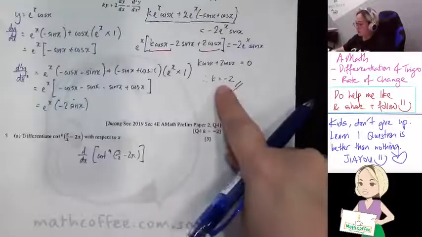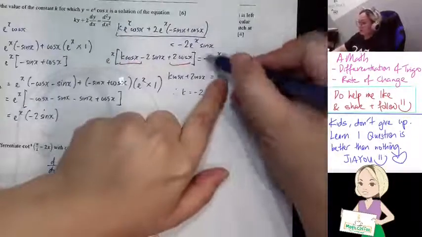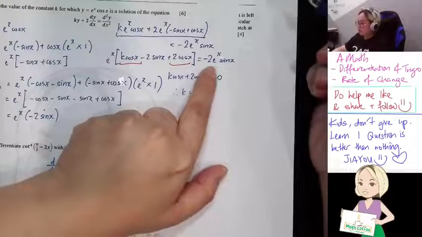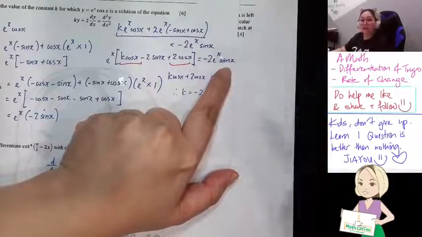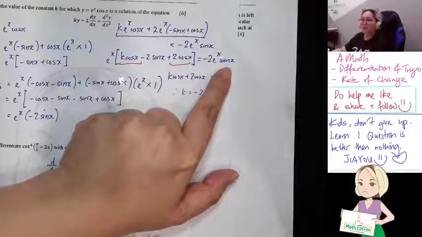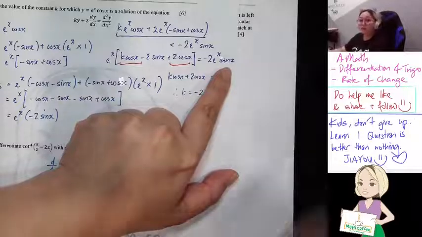How did you get 0? Oh no, because my right hand side is minus 2e^x sine x. You see, there's no cosine x on the right hand side, correct? So it is actually 0 cosine x. That means there is no cosine x.